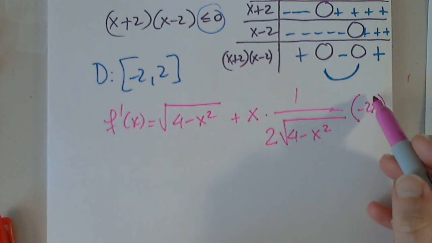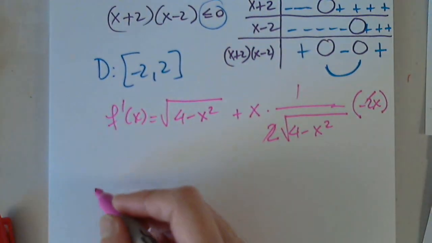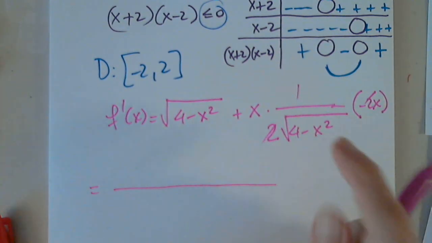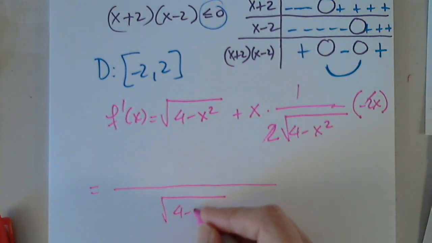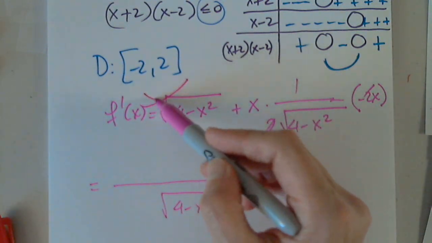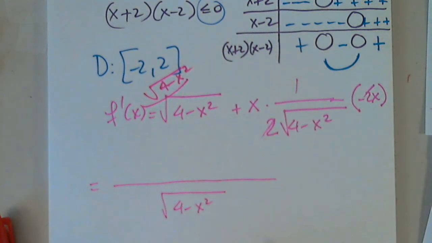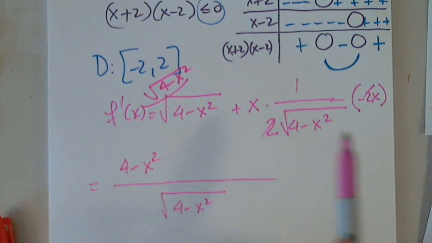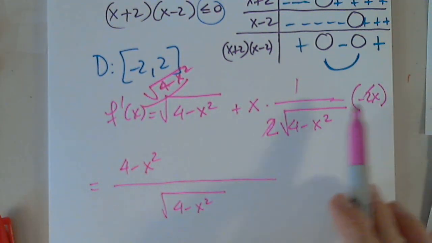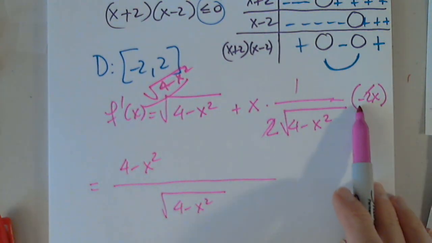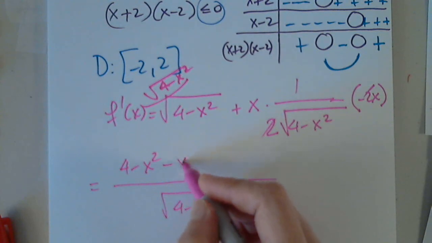And yes, I will simplify this 2 with this 2. I will find the least common denominator, which is this. I will have to multiply this by the square root of 4 minus x squared. So this is 4 minus x squared. Let's see what is left here. I have a negative x with an x because 2 is gone, and there is a negative x times x, negative x squared.